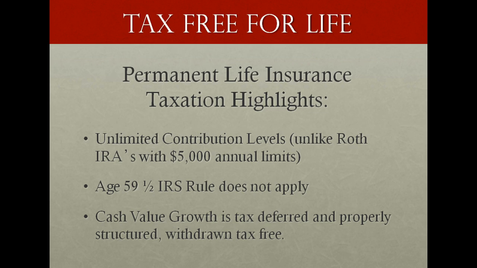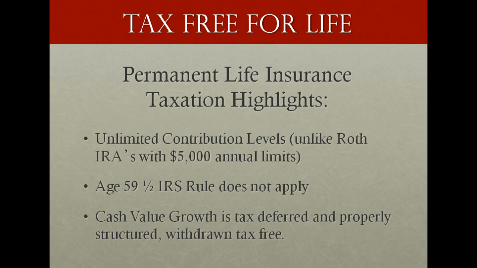Secondly, the IRS rule for distributions prior to age 59 and a half does not apply to permanent life insurance. If you put money into a Roth IRA or a tax-favored retirement plan, a tax-qualified retirement plan such as an IRA or 401k, there is a 10% penalty for any withdrawals made prior to age 59 and a half.